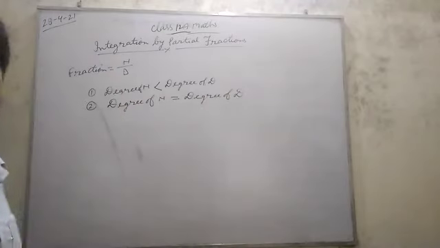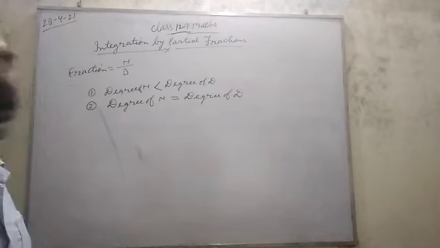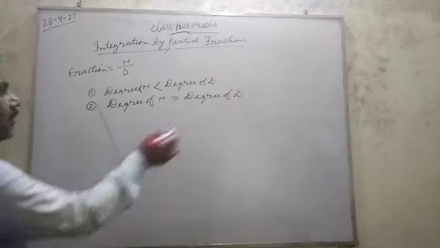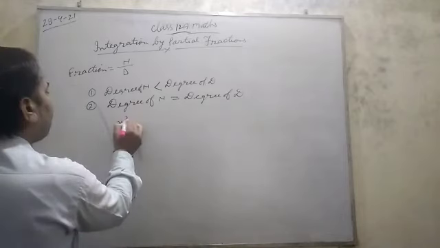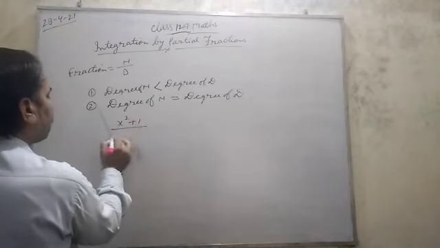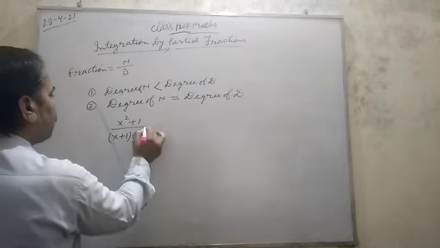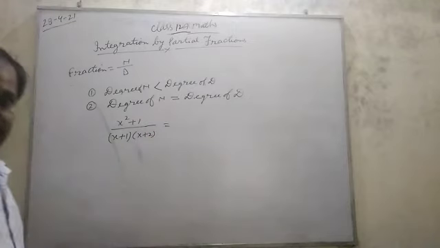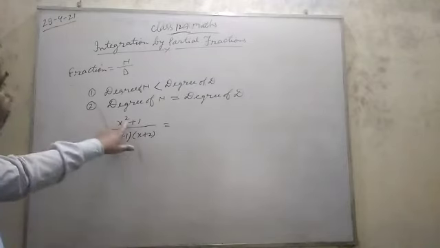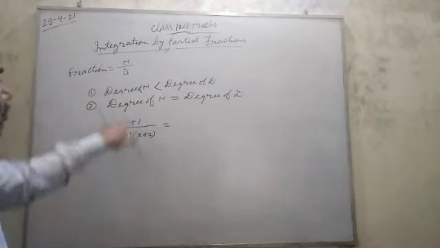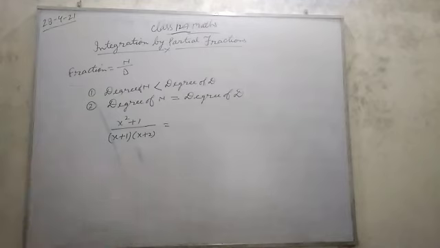Means if both numerator and denominator have the same degree, in that condition first you divide the numerator by the denominator, like x square plus 1 upon (x plus 1)(x plus 2) is given. Here the numerator has degree 2, and the denominator also has degree 2. So both are the same, so in that condition we will divide it.